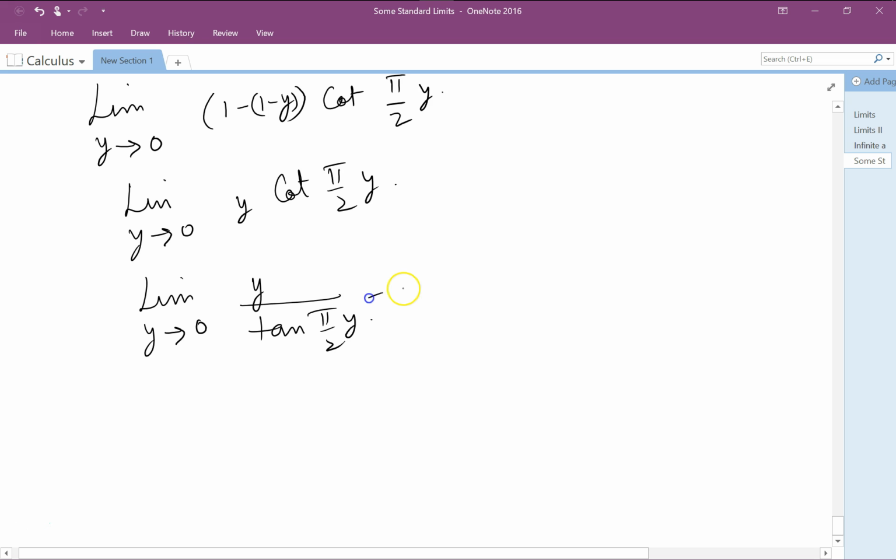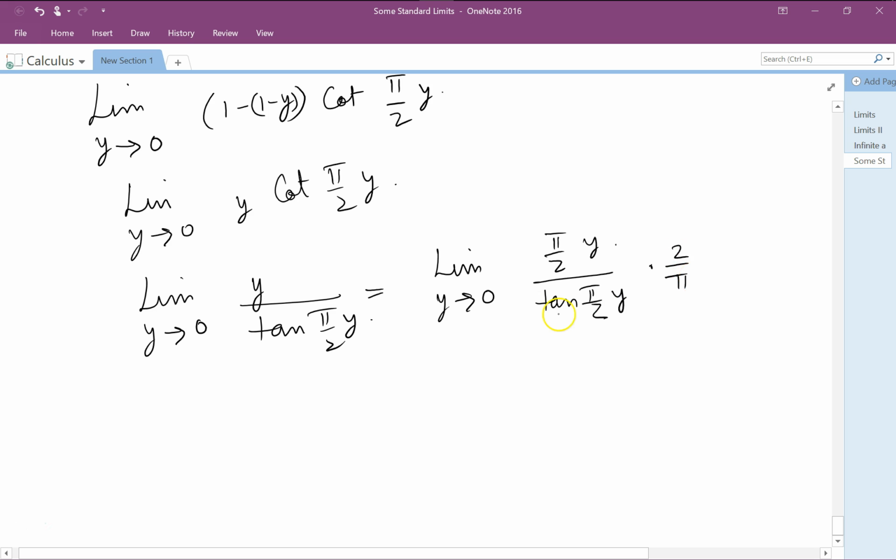Yes, and can you see the pattern now? Tan theta by theta, something like that. So we need to take it a little bit further. So limit y approaches 0. Let's multiply this by pi by 2 by pi by 2. Now we have multiplied it by pi by 2, so 2 by pi to cancel it.